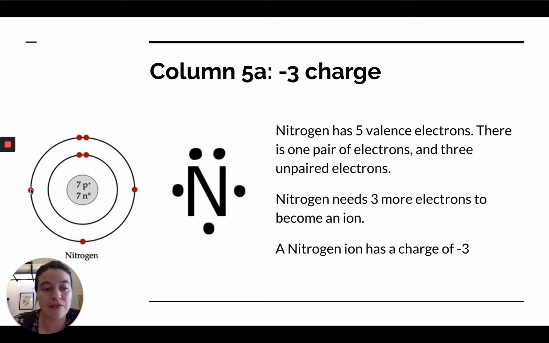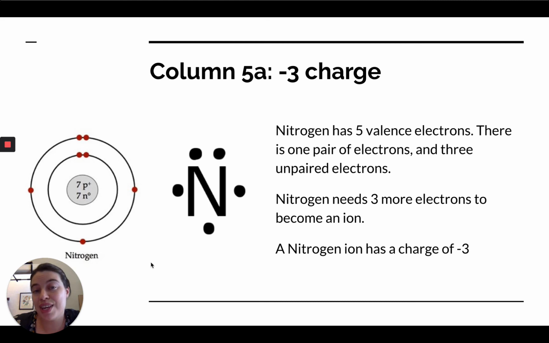And once you had 1 valence electron in each quadrant, you could make a pair. So when you have nitrogen, either as a planetary model or as a Lewis structure, you should always see one pair of electrons. So here we've got two electrons that are paired together. That's a single pair. And we have 1, 2, 3 unpaired electrons.